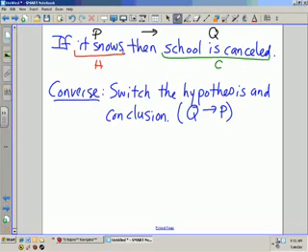So from our example, if I wanted to write the converse, I need to switch it snows and school is canceled. So it becomes this phrase.